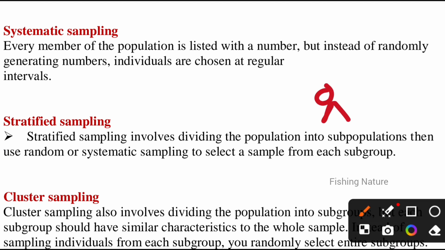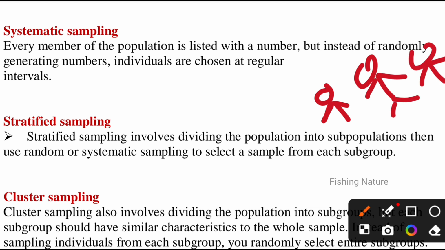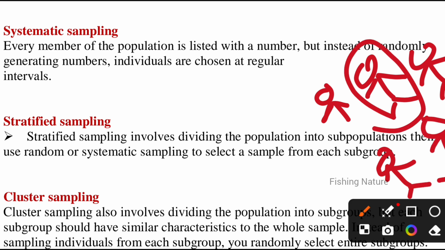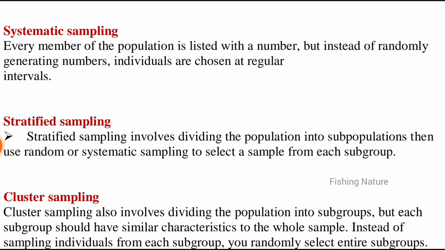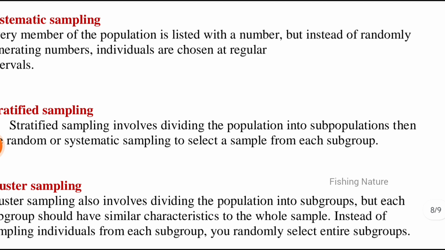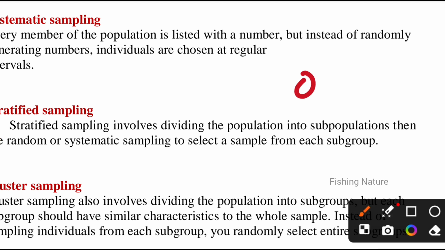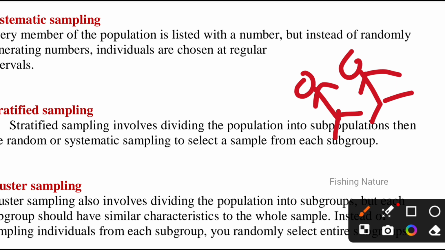If you have many members in a community, simple sampling means you pick randomly, one person here, one person there. Systematic means you select one by one, by each number, in order. It is systematic.